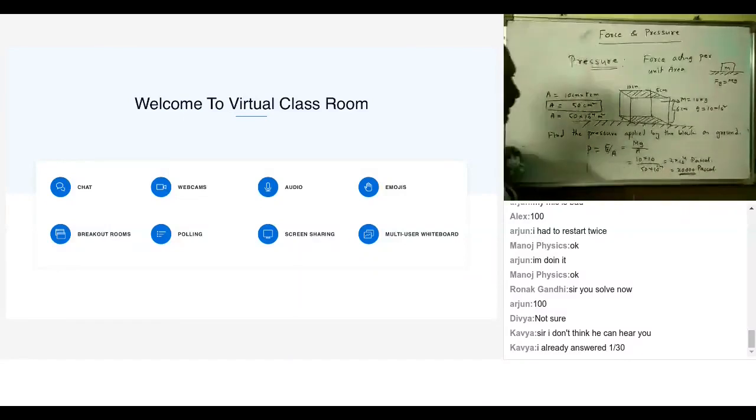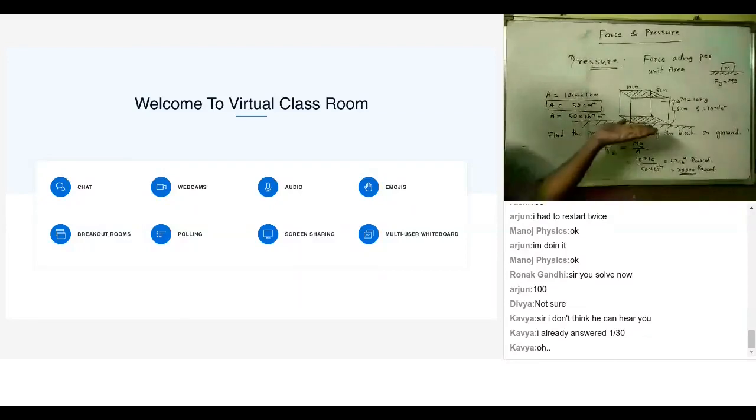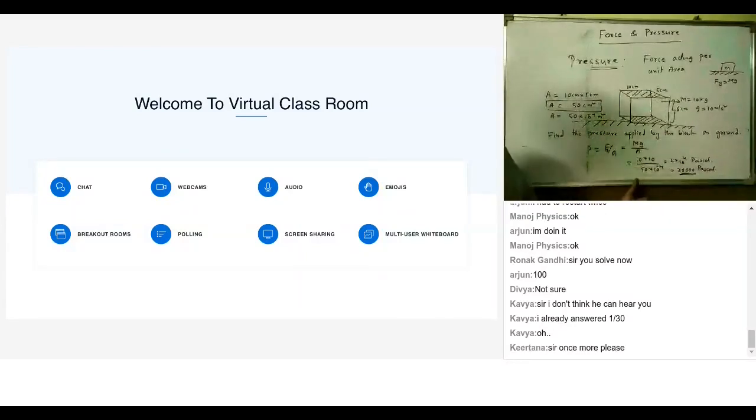You're getting it? So a mass of 10 kilogram whose dimensions are 10 into 5 into 6 centimeters, if placed on the surface with the 10 into 5 face touching the surface, then the pressure applied will be 20,000 Pascal. I hope this is clear.